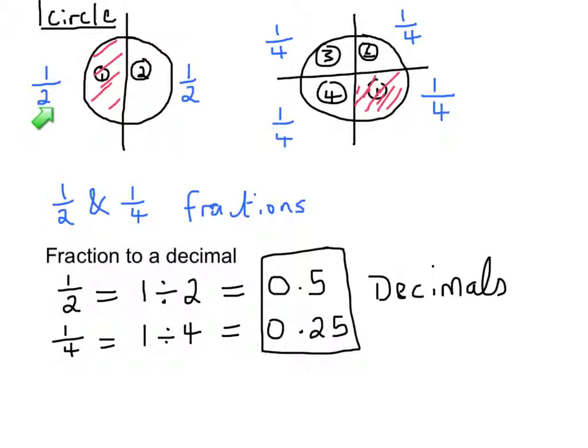Just like 1 over 2 was a fractional representation of this area here, we've now found that 0.5 is the decimal representation of this area here.